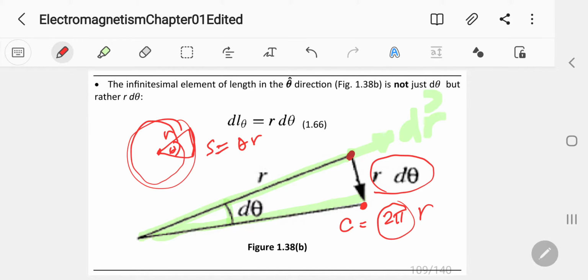So we'll go to another coordinate system, and this is the cylindrical coordinates.